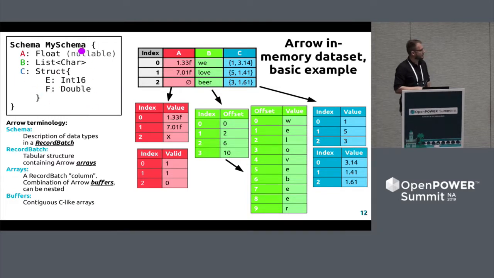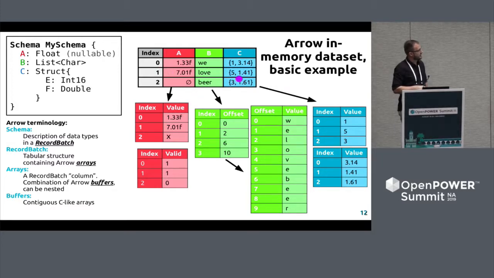Right, so here, for example, for this column of floating point values, we have two buffers. Why? Because, okay, you can also have nullable values, you can have null values and that sort of stuff. So all of those things are in the format.